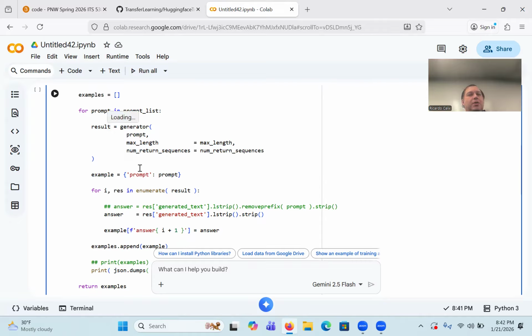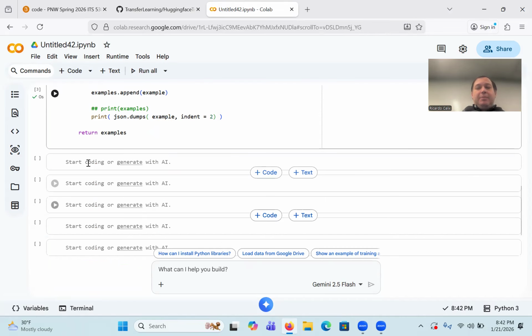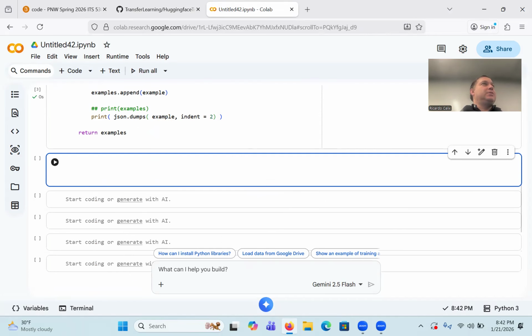Then we create a dictionary of the results, answer and generated text and so on to keep track of things. It's just a little function to handle creating a list of prompt and answer. Does this make sense? This little code here. You could do this manually if you want. It's not meant to help.